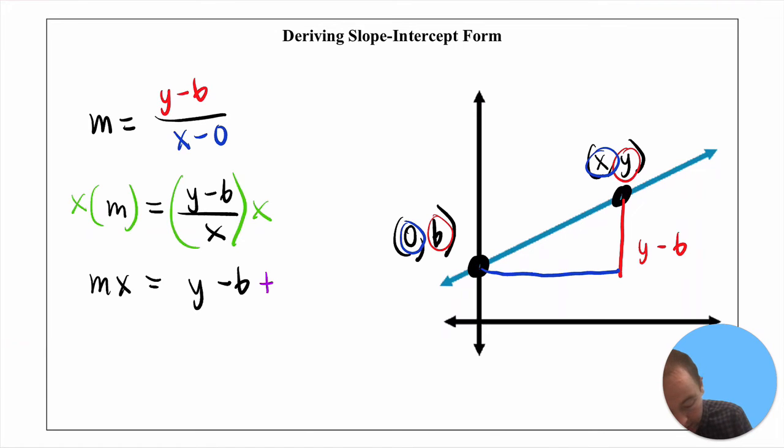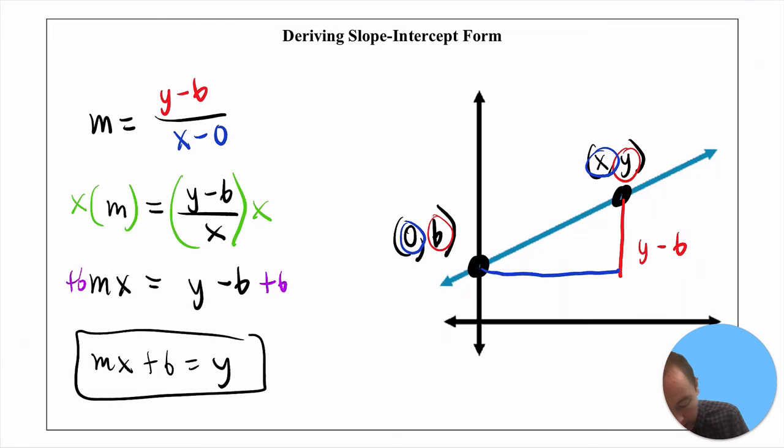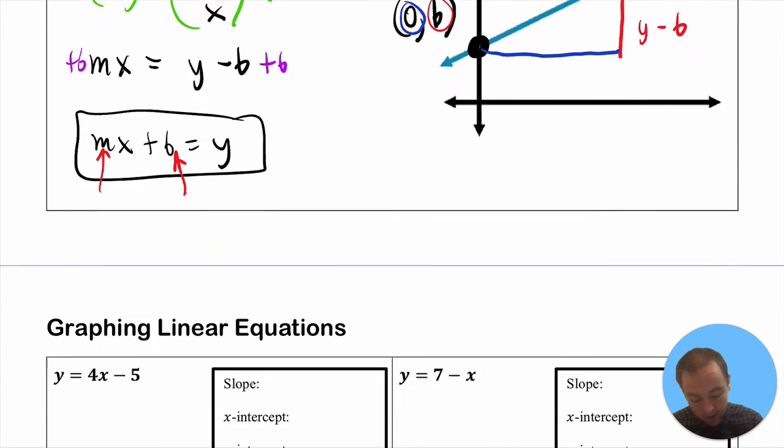And then by adding b to both sides of that equation, you're going to end up with mx plus b is equal to y. And so you can see that's exactly where slope-intercept form is coming from. It's coming from the slope of a line, where you can see that there's the slope times x, and then b is the actual y-coordinate where the y-intercept is occurring.